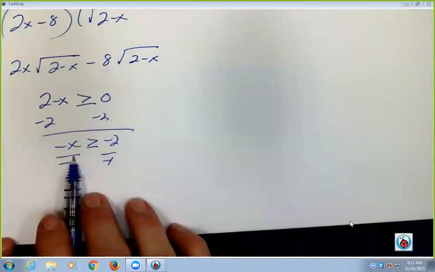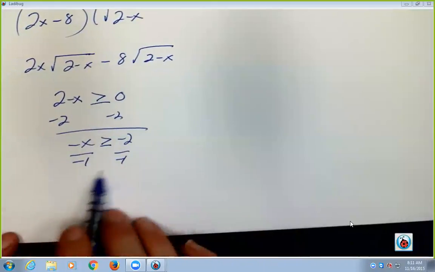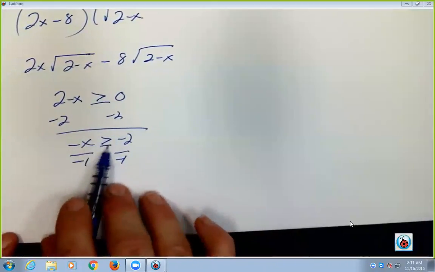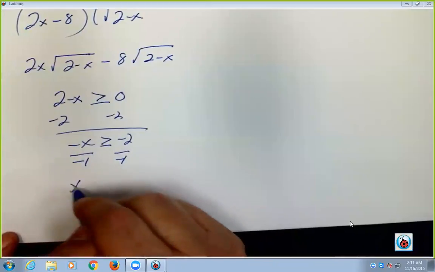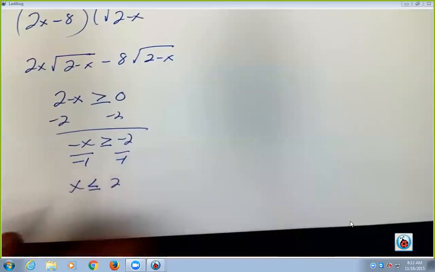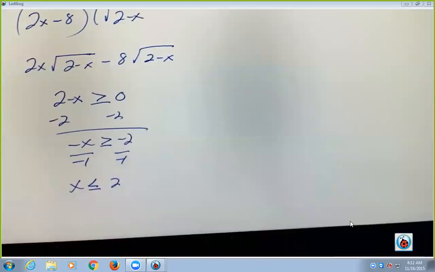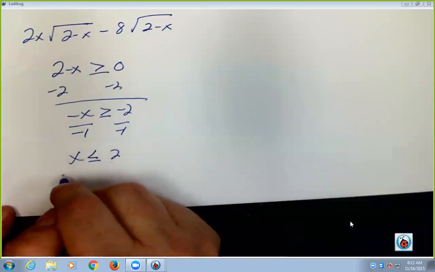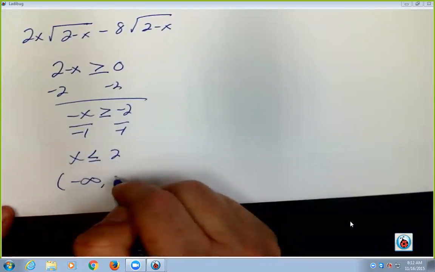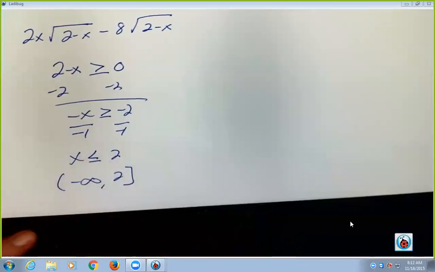And as soon as I divide by that -1, the inequality is going to flip because of dividing by a negative. So I really end up with x needs to be anything less than 2. So my domain on this one would be negative infinity to 2.